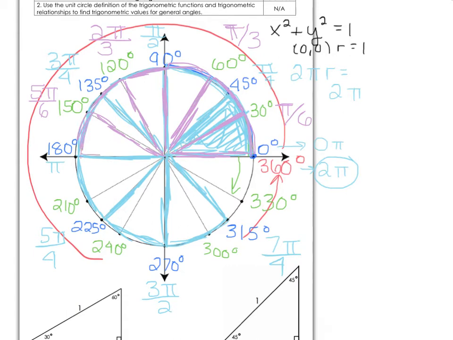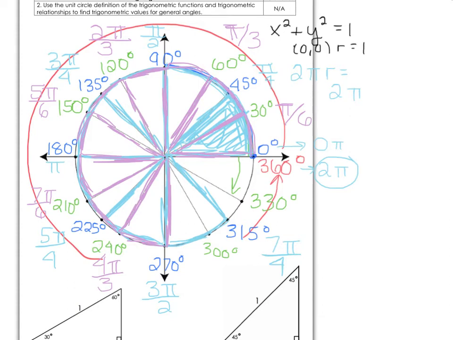Continue adding, we get 6 pi over 6, which we already have in the form of pi. Add another unit of pi over 6, and now we have 7 pi over 6. We're going to add another unit of pi over 6, and we have 8 pi over 6, which is going to simplify to 4 pi over 3. 8 pi over 6 plus another pi over 6 gets me 9 pi over 6, which we already have simplified to 3 pi over 2.